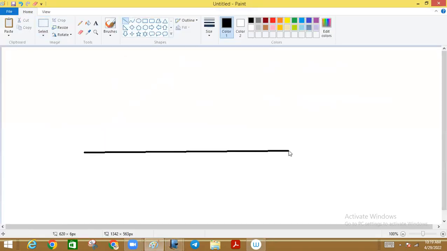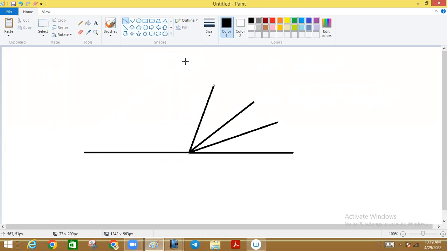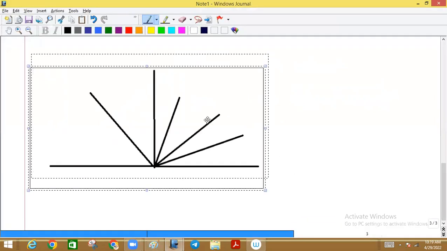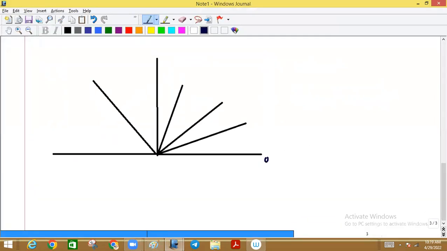See here. If I take a horizontal line, theta is equal to 0. Therefore, slope is also equal to 0.